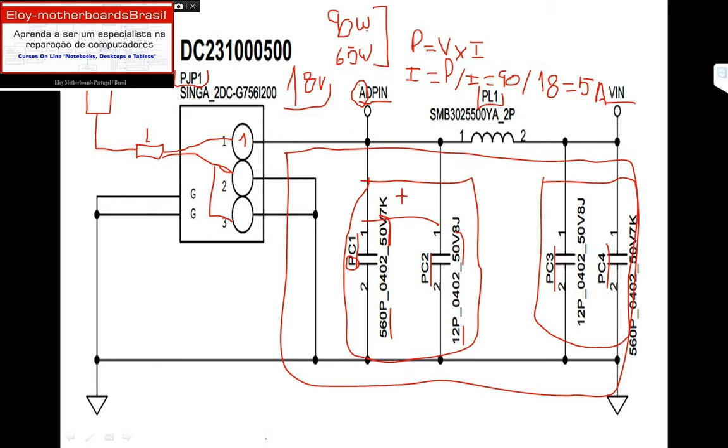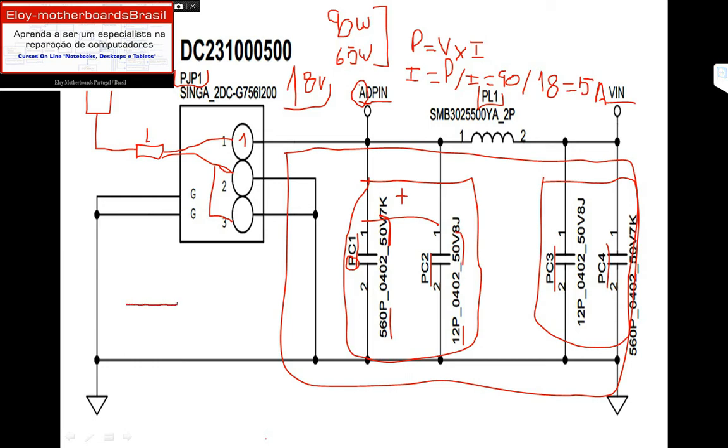It only allows the passage of low frequency, that is why we have this filter here. This filter is not an active filter, it's a passive filter. Passive filter, why? Because it only functions when there's high frequency. As we have here 18 volts DC, on the oscilloscope you will have a straight line.